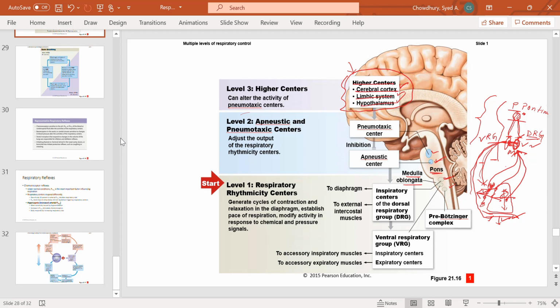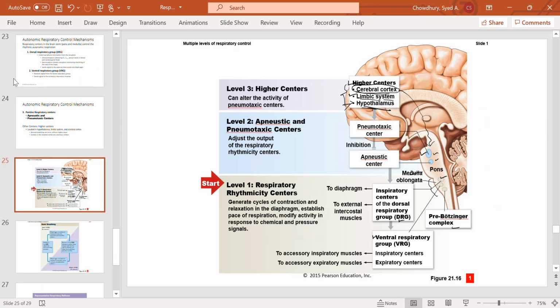Okay, so the cerebral cortex has the centers that will send signal to change the breathing voluntarily. But if you don't wish that, normally rhythmic breathing will take place. Lower centers in the brainstem control the autonomic or involuntary rhythmic breathing, and the cerebral cortex controls the voluntary respiration.